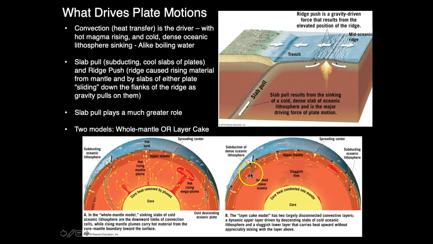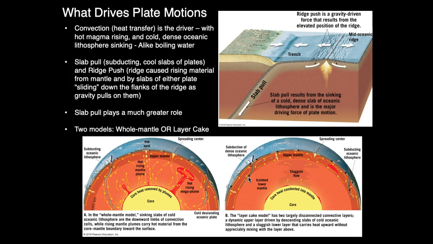So this slab only sinks somewhere between 660 and 1,000 kilometers in depth, is what is thought based on this model, but not any more than that. And that would be the upper, more dynamic layer, driving that high convection, I guess.